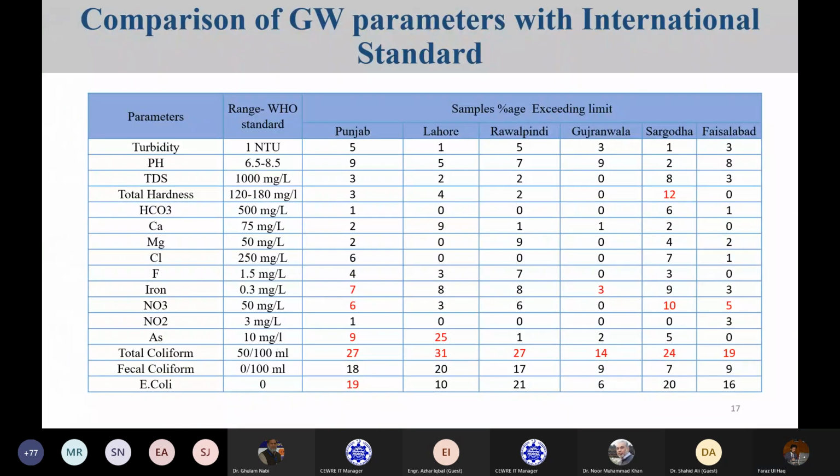Here is the comparison of available groundwater data with the international standards. And here is the percentage of the number of samples exceeding the standard.